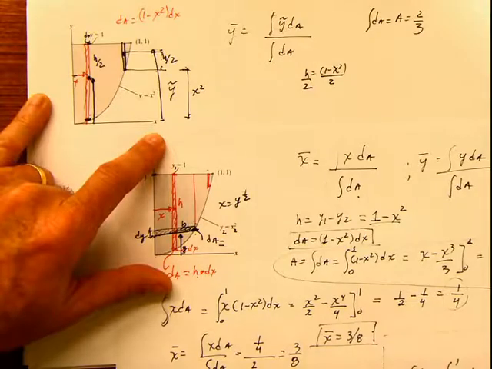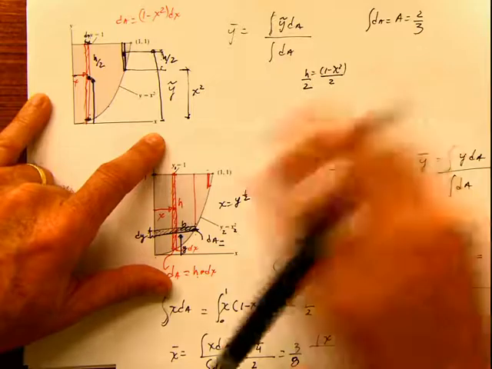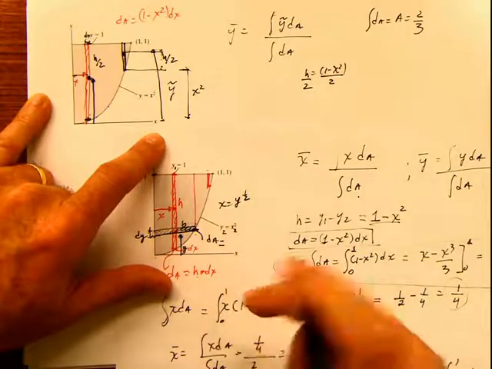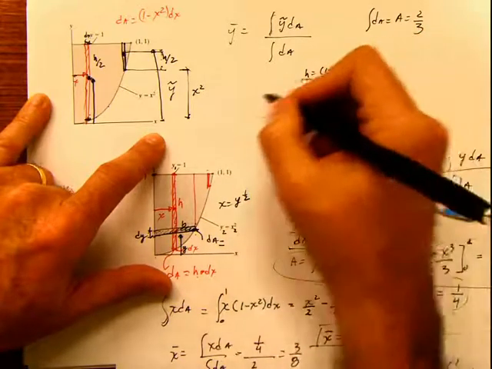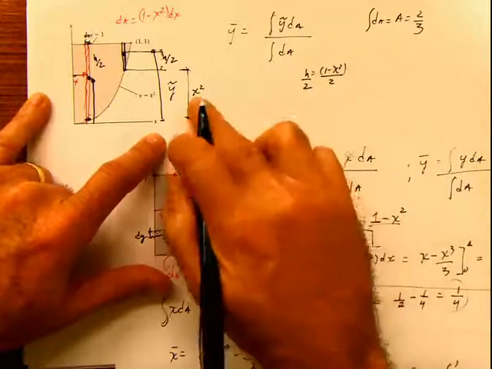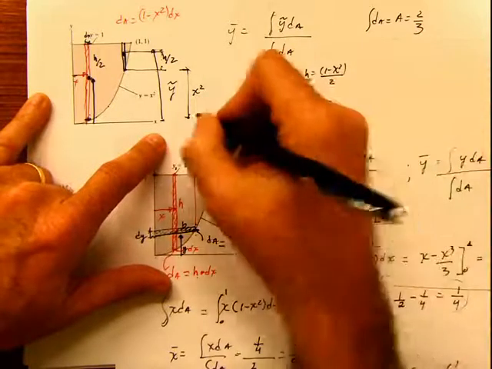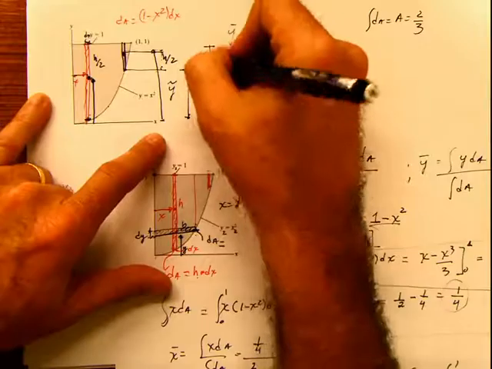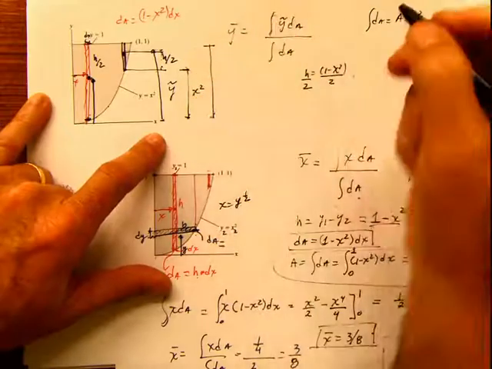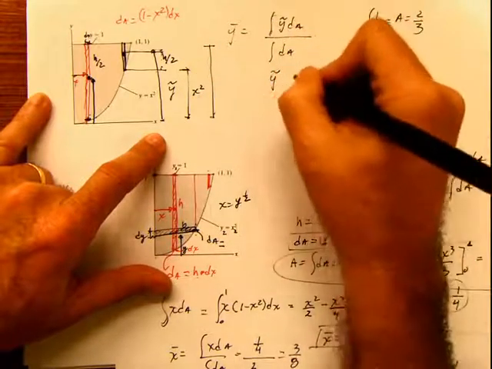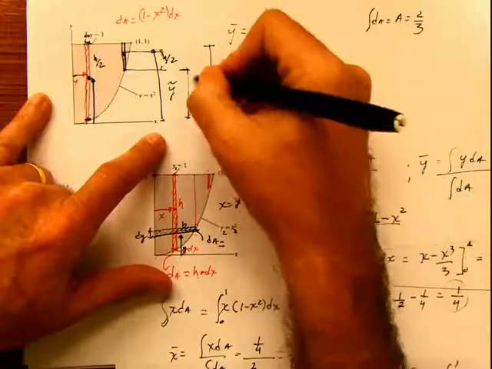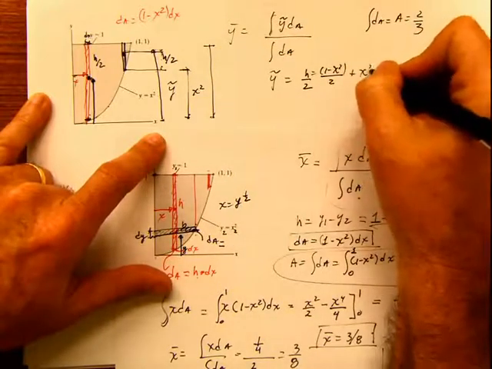So if I'm going to do it like that and use the same differential of area, there's no problem with that. But I have to be really sure that my distance is going to be this, x squared plus h divided by 2. So my distance, my wiggly y, is going to be h half plus x squared.